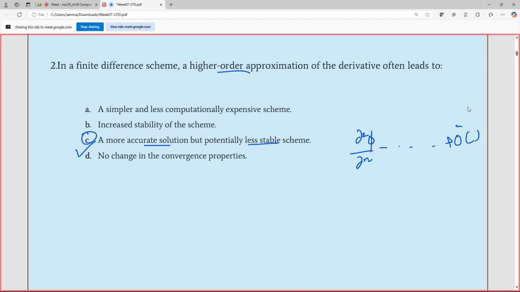So when we neglect only these higher order terms, or take a higher order approximation for our derivatives, as we know, the truncation error will be less.